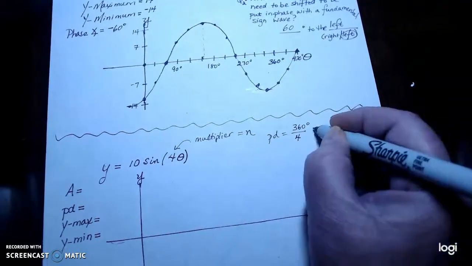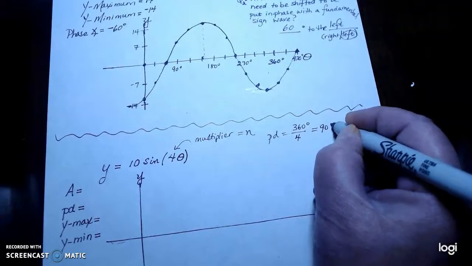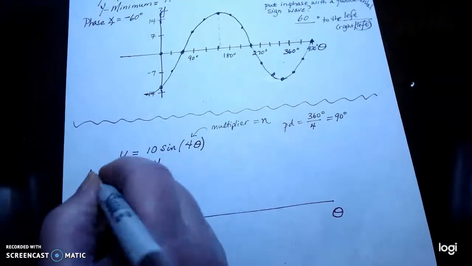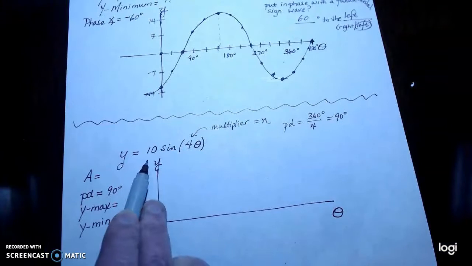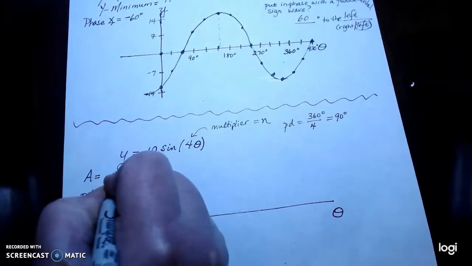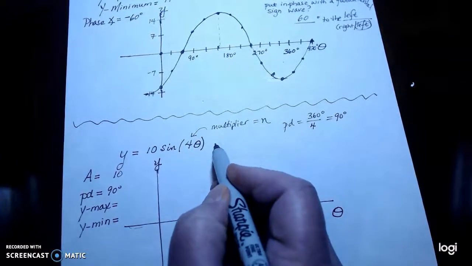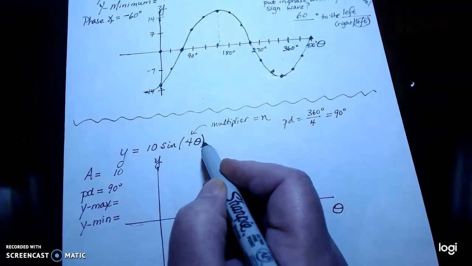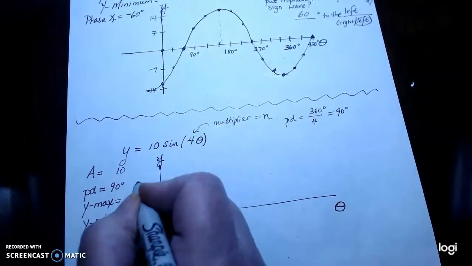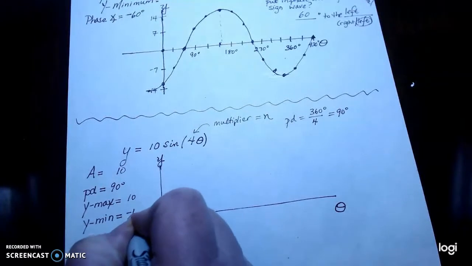So the period of what we're going to graph is 90 degrees. Our amplitude is clearly 10. There's no vertical shift going on here, and there's no phase shift. Our y max should be 10, and our y min should be negative 10.